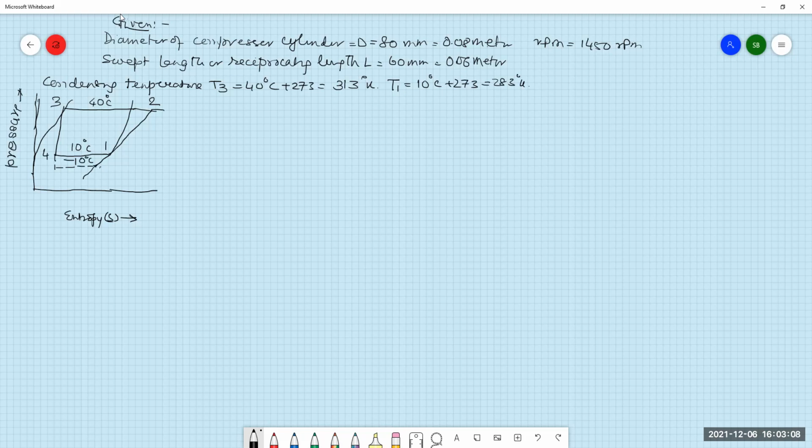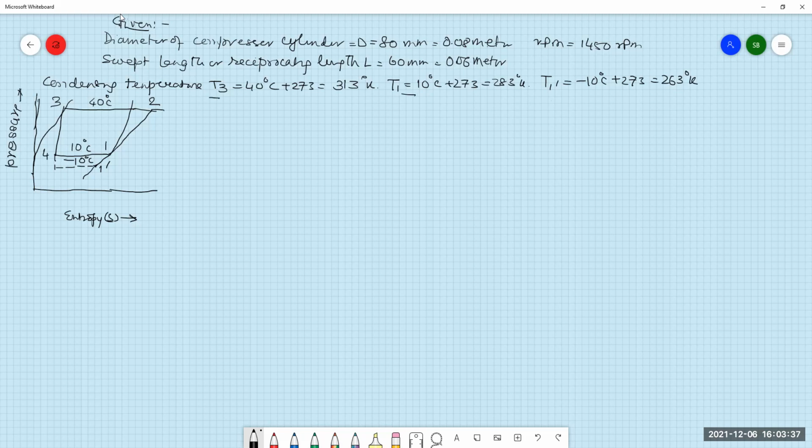That is T1 dash, minus 10 plus 273, which is 263 degrees Kelvin. So we have two suction temperatures, T1 and T1 dash, and one condenser temperature, T3.